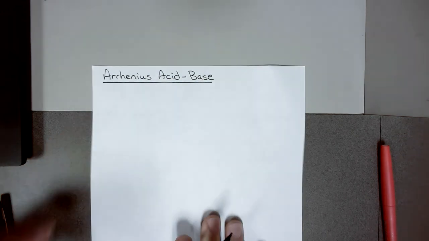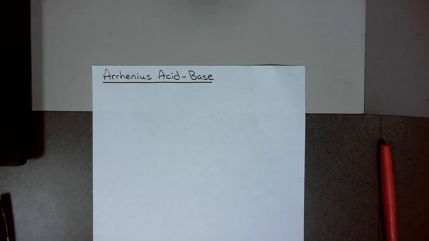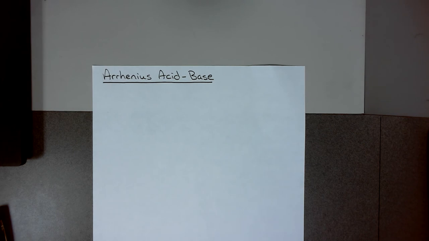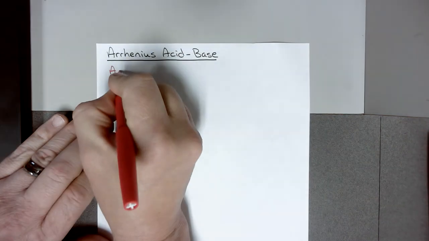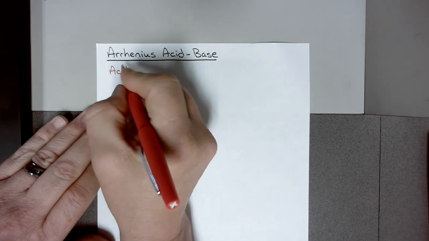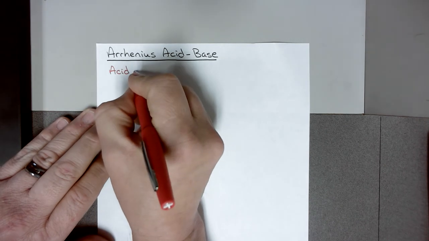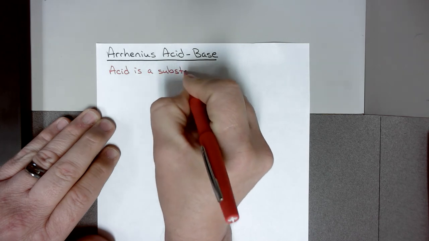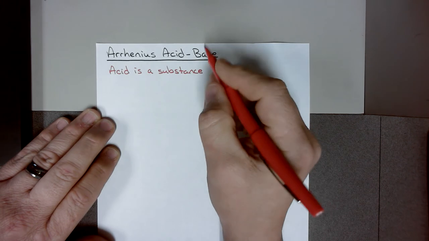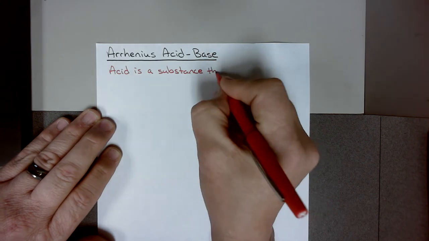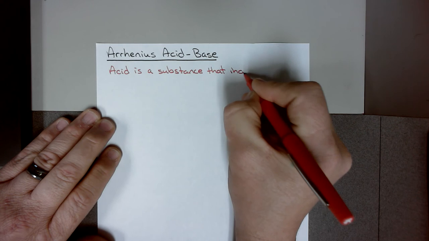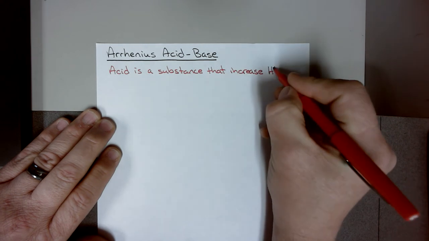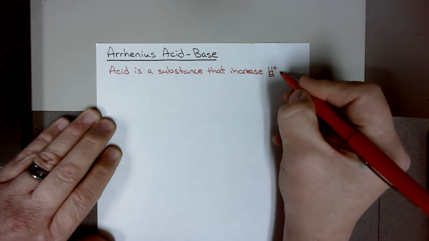So what makes an acid base an Arrhenius acid base? So let's look at the acids, and I'll do it in blue. So first we'll look at acids. So an Arrhenius acid is a substance that increases H plus ions when dissolved in water.